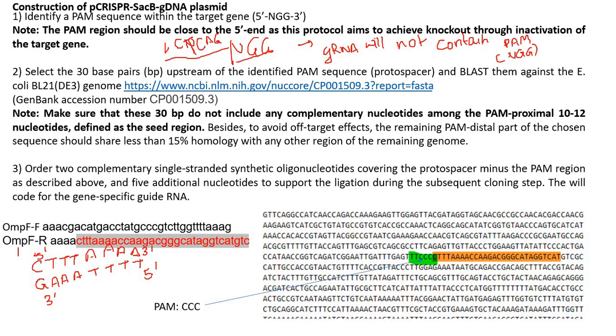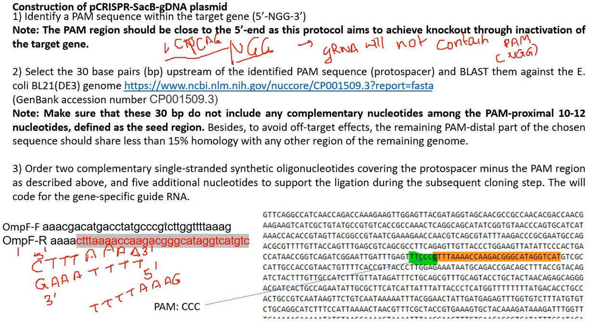As I told you before, when ordering the primer, it should always be from 5 prime to 3 prime. So it should be ordered in the form TTTTAAAG, and you can see that here. This is going to be your forward primer.